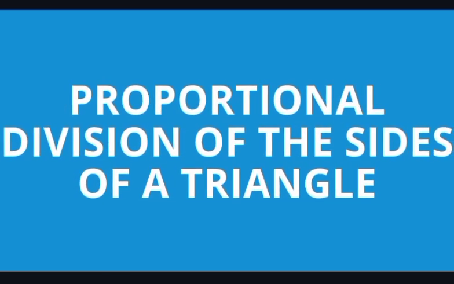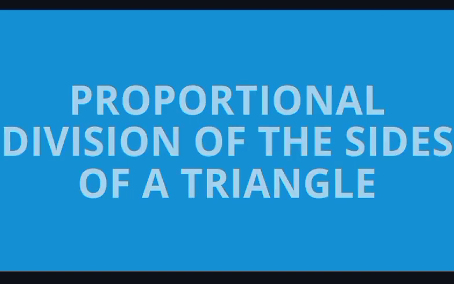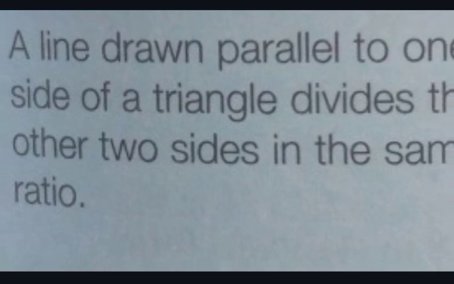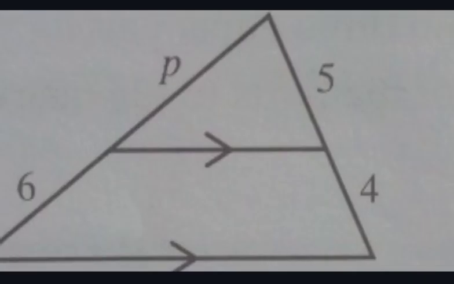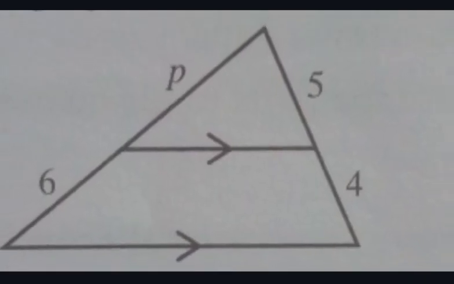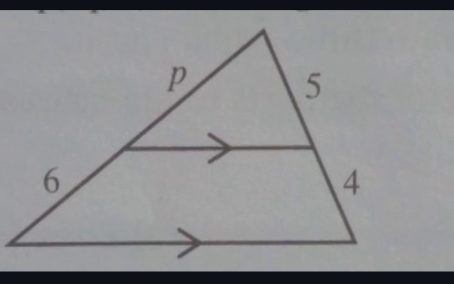Now, the second theorem is the proportional division of the sides of a triangle. This theorem states that a line drawn parallel to one side of a triangle divides the other two sides in the same ratio. If we look at this triangle, we have the base side. Now we have a parallel line inside the triangle that has divided the triangle into two.